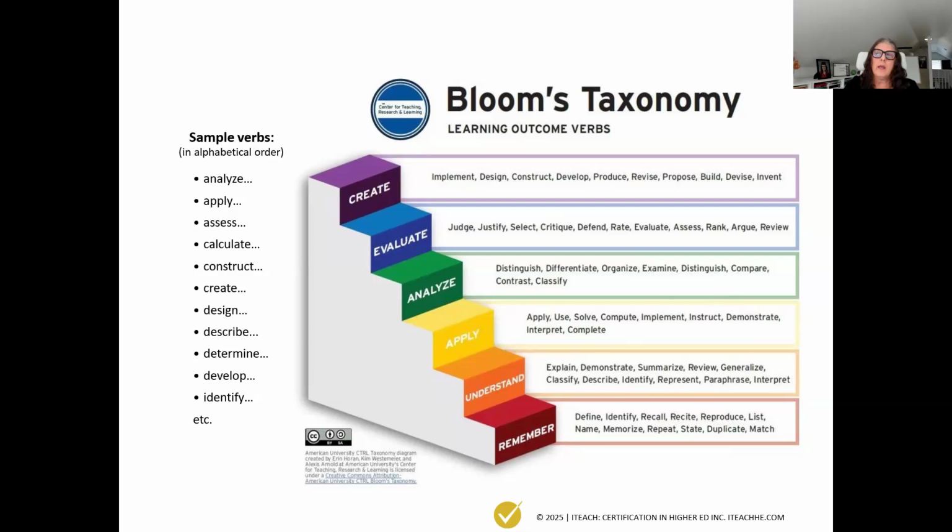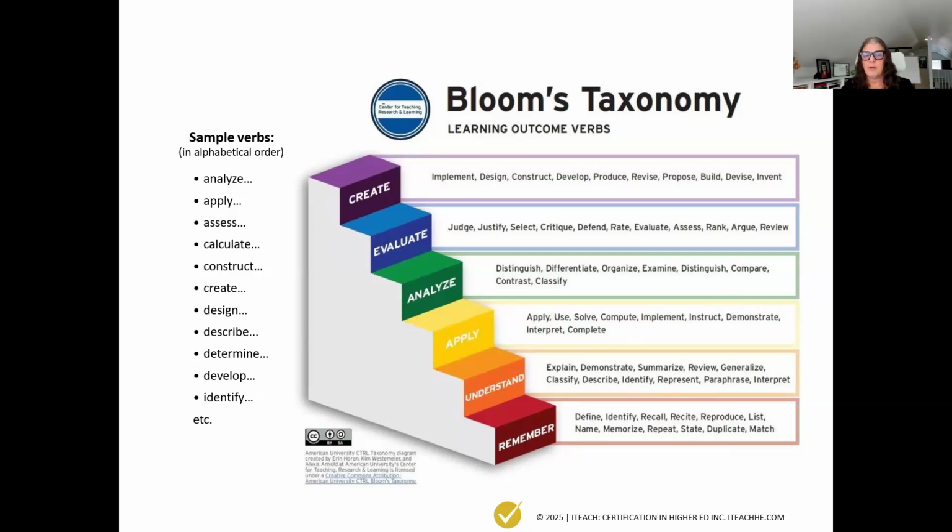I know it's Krathwohl, and I'm forgetting the other author's name, who came up with a revision of Bloom's taxonomy. Bloom's was developed right around the same time as Mager, around the 60s, but they revised it, I think in the 80s or maybe the 90s. They changed the names a little bit, so instead of remember, it was remembering.